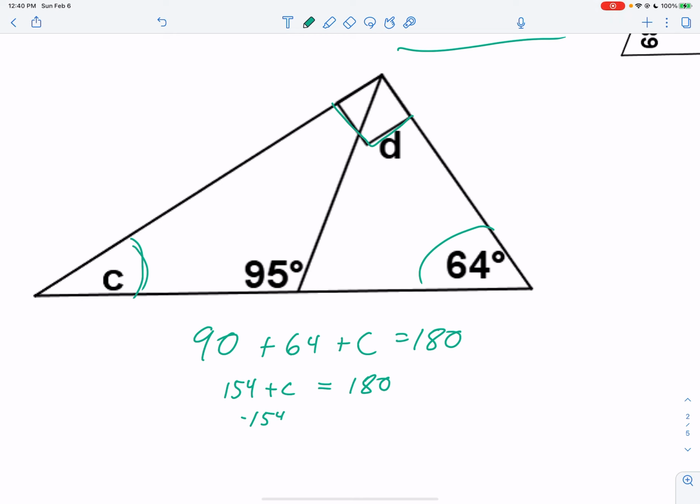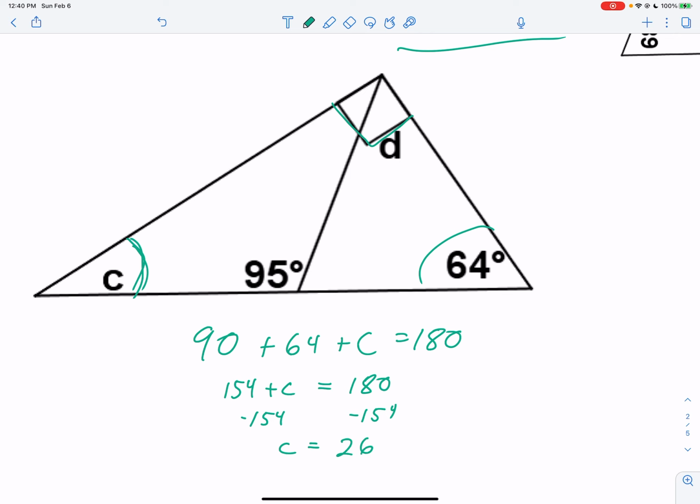Subtract off 154. And again, the reason I did the big triangle is because that was the easiest way to find C. I knew all the angles except for C on that triangle. And you're going to have to develop the skill of abstracting it to the full big triangle or looking at the tiny parts. C is equal to, what is that, 26?